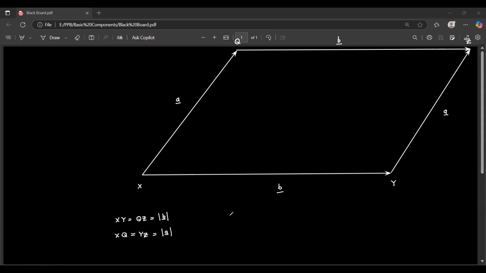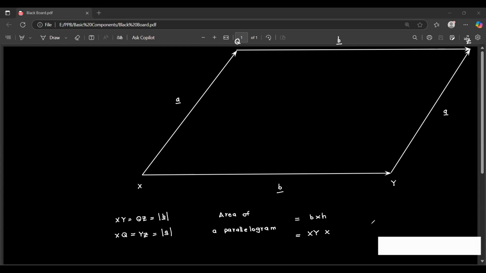How can we find the area of the parallelogram? First of all, let's write down the equation for a parallelogram. Area of a parallelogram is equal to the base times the perpendicular height. So what is the base here? Let's consider XY as the base, and we need to find the perpendicular height.